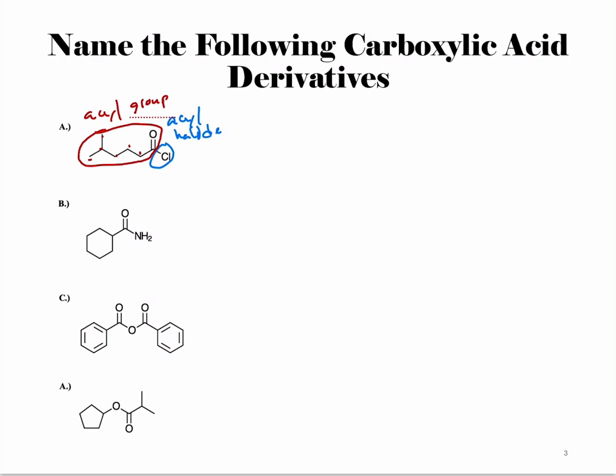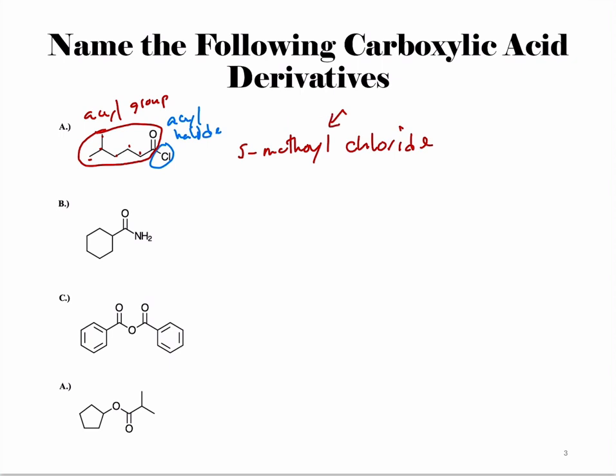So this is probably going to be isohexanoyl, or 1, 2, 3, 4, 5, 6. So it can be 5-methylhexanoyl chloride. Okay, so that's how we would name that group.